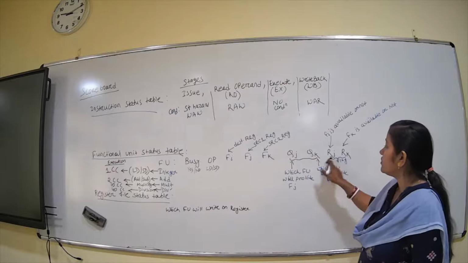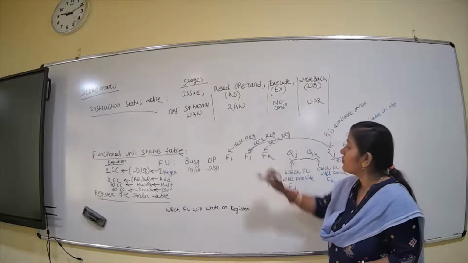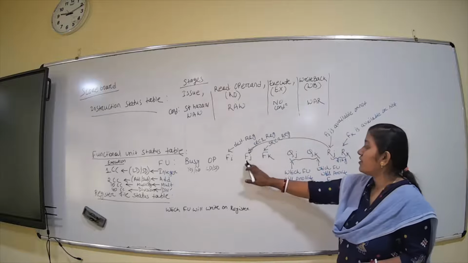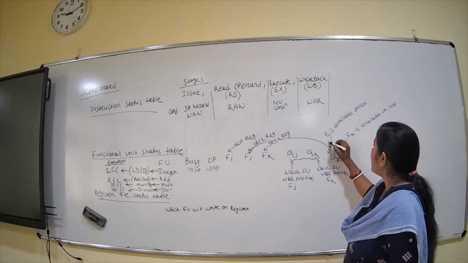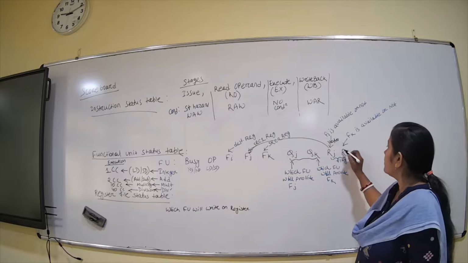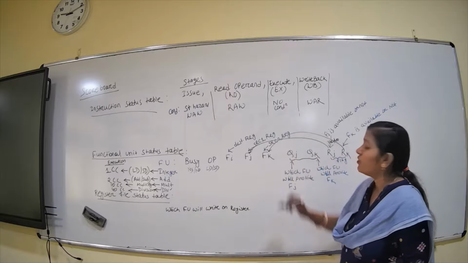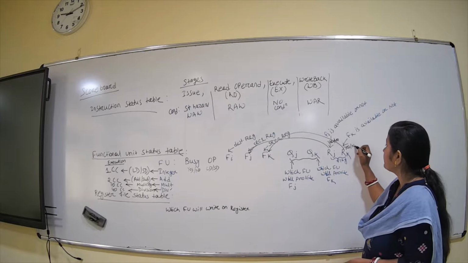Rj corresponds to Fj: whether Fj is available or not, the answer is yes or no. The same for Rk: whether Fk is available or not, yes or no.